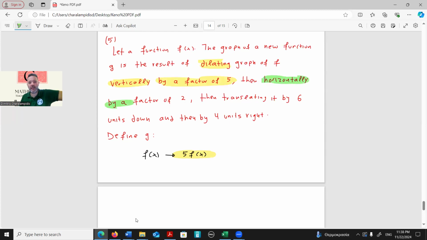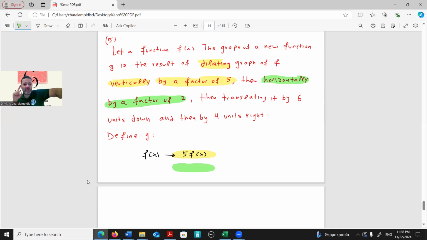Then let's change color. Horizontally dilated by a factor of 2. Horizontal dilation means that, again, we should multiply. That's what dilation stands for. But this time we should do that horizontally, so the multiplication should be seen within the brackets. But all horizontals act like compositions. So we should go in the latest version of our thing, 5f of x, and instead of x, we should see a factor of 2.